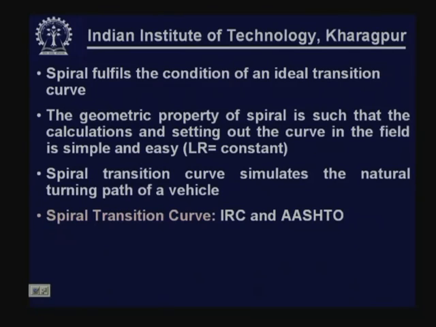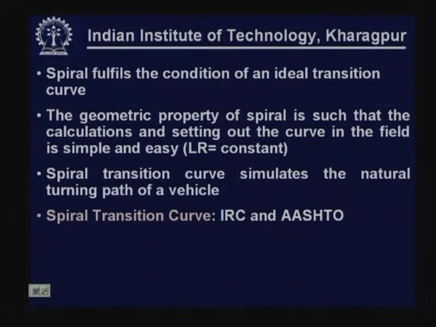So, that is the basic equation. So, this geometric property of the spiral is such that the calculations and setting out the curve in the field is very simple and easy. Also, it may be noted that the spiral transition curve simulates the natural turning path of a vehicle.